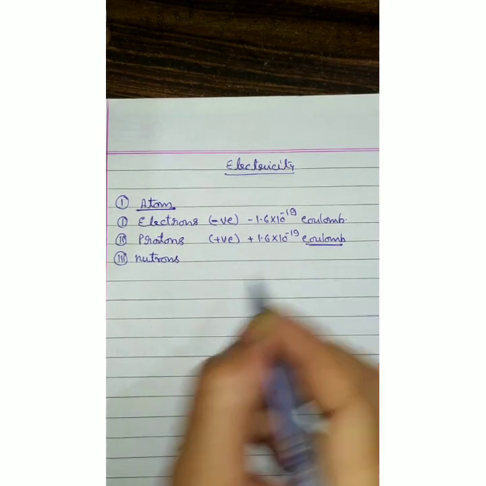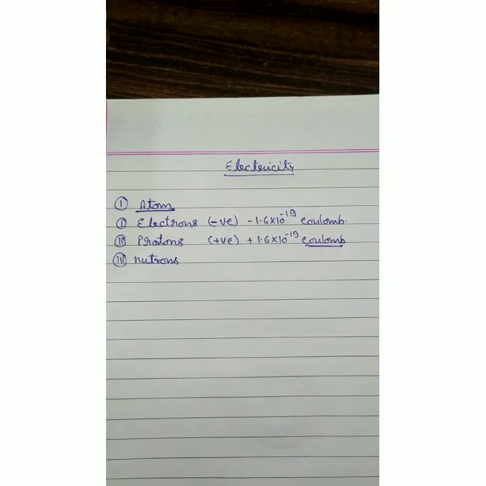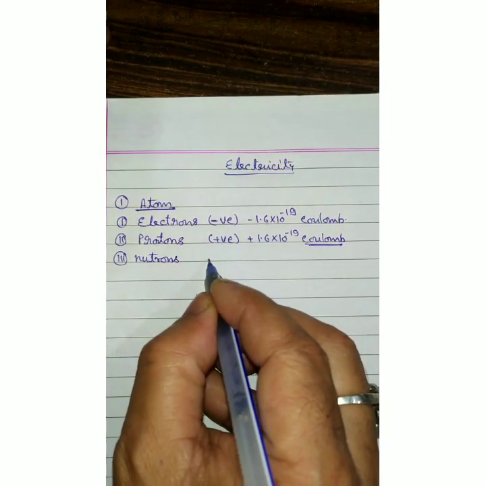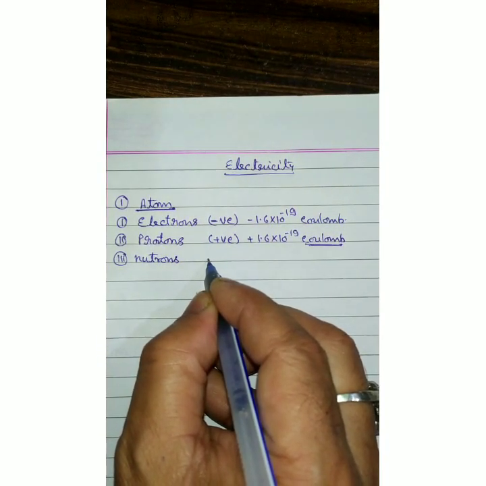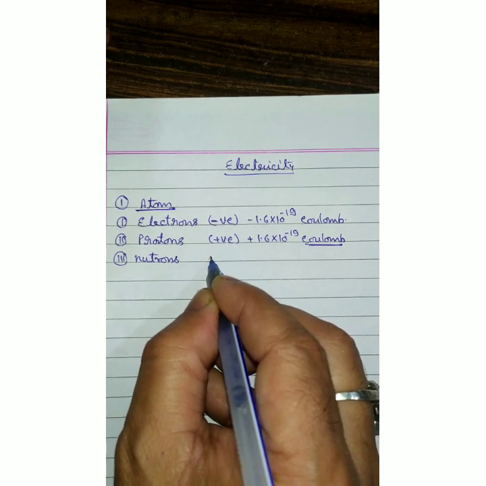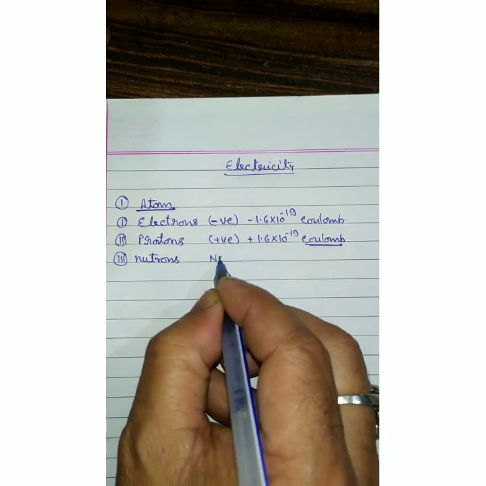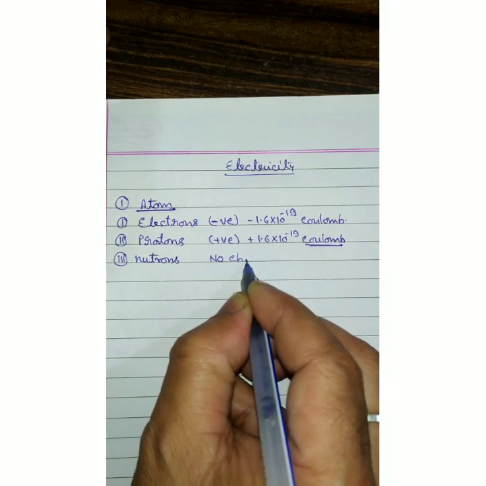Coulomb is the unit of charge. A neutron is electrically neutral and does not contain any charge, meaning no charge on a neutron.